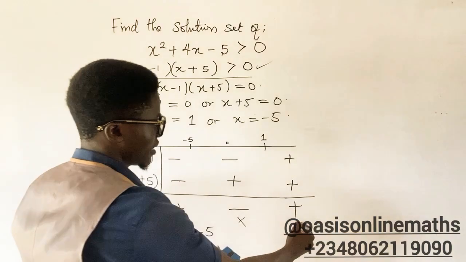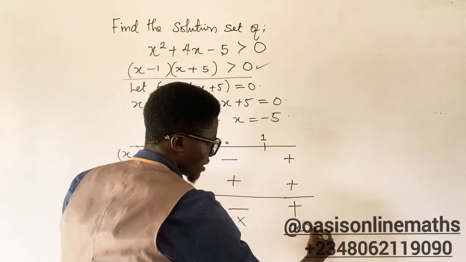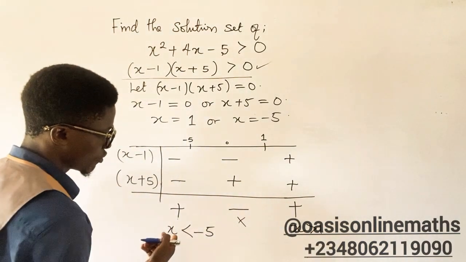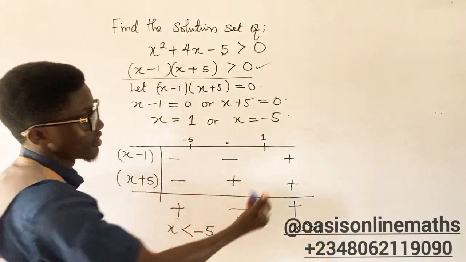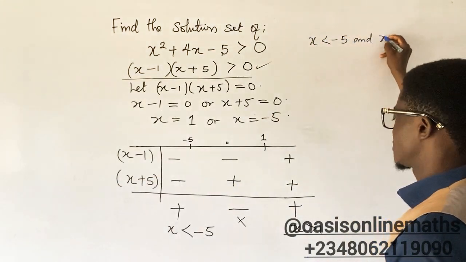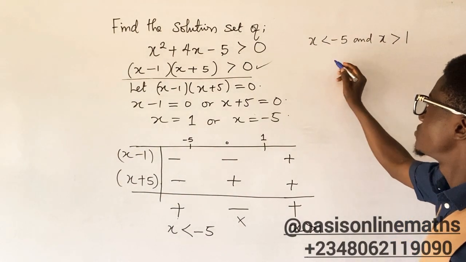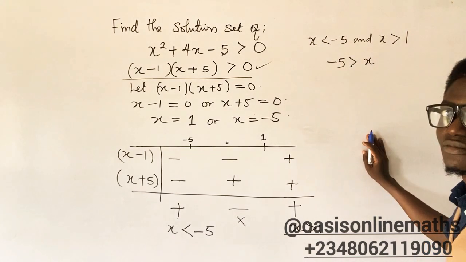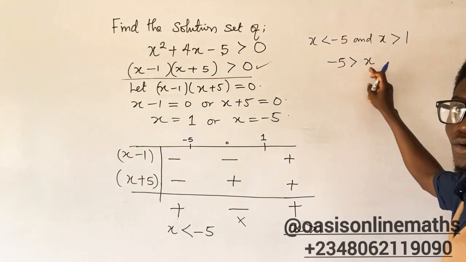Likewise, this x, which are this one? Those that are greater than +1. So therefore, if you want to write this as a combined inequality, you want to combine this and this. If x is less than -5, it means -5 is greater than x.